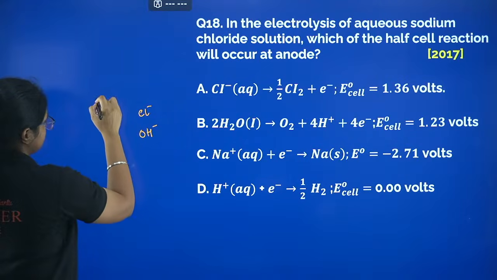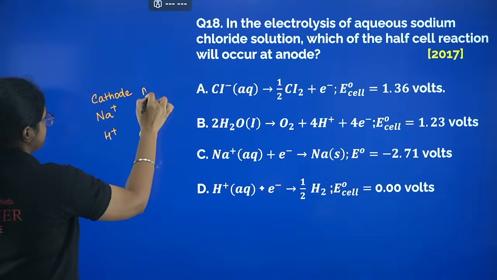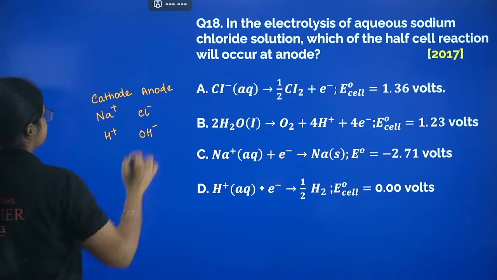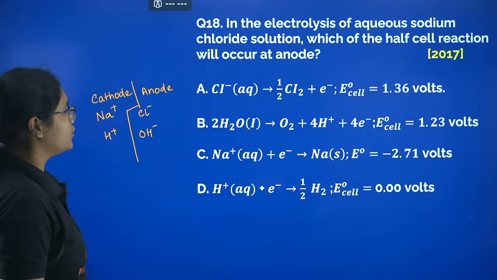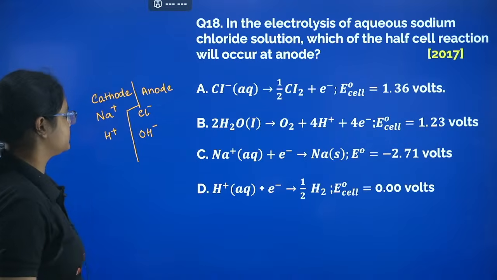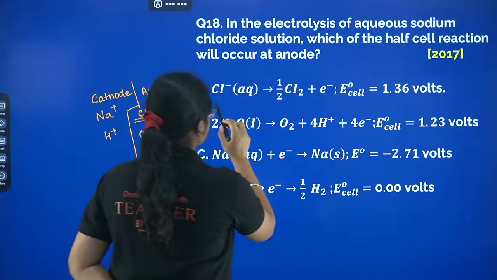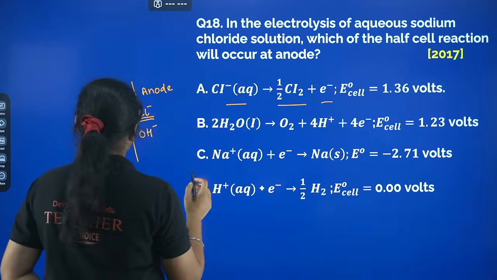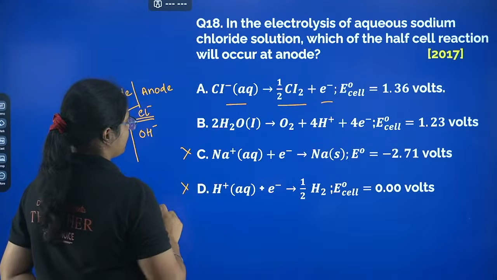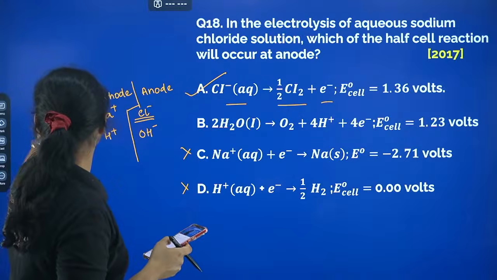These are positively charged, so they will move towards the negative electrode, that is the cathode, and these are negatively charged, so they will move towards the positive electrode, the anode, right? So now at the anode what will happen? At the anode oxidation will take place. Chloride will undergo oxidation, so Cl minus gives you half Cl2 plus 1 electron. The other one is at the cathode, so option number A will be the correct answer. Yes, 18th, A is correct.